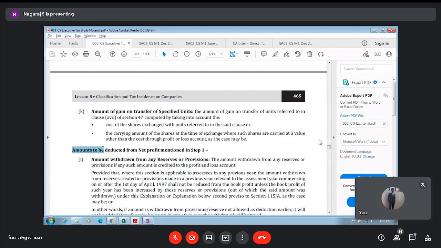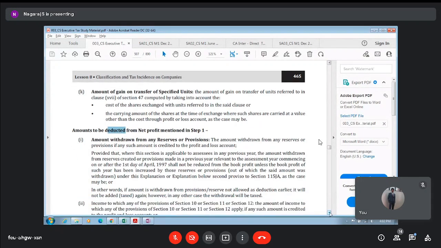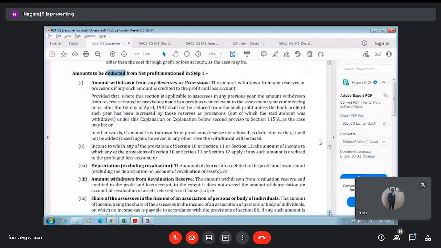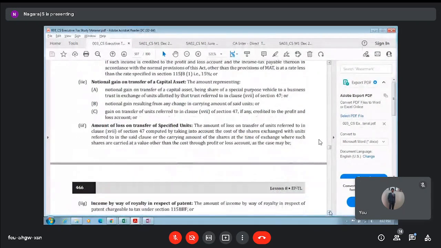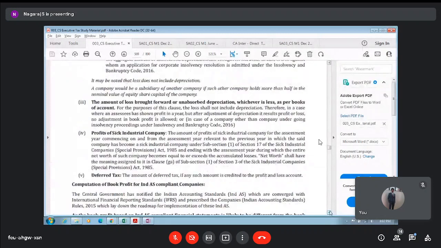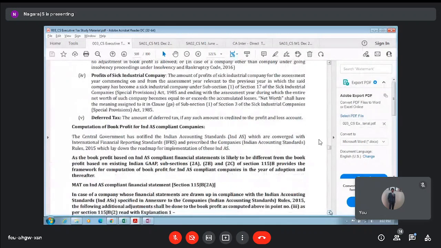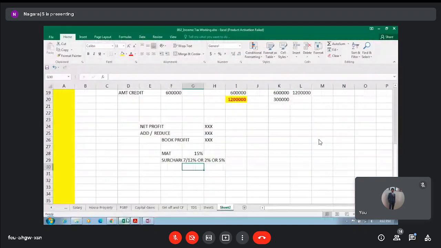Second, amounts to be deducted. After adding, you need to deduct a few items also if they have been credited in the P&L. They have given 1, 2, 2A, 2B, 2C, like that, around 14 to 15 items. Whatever is there, please take it. I will tell you one thing in this.